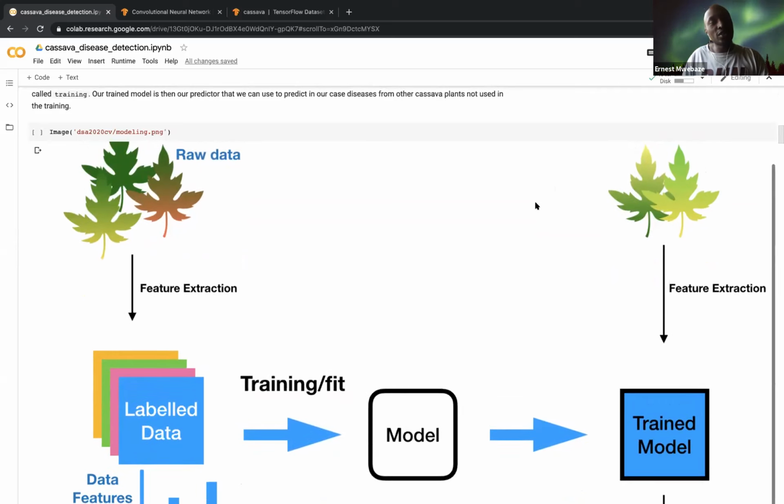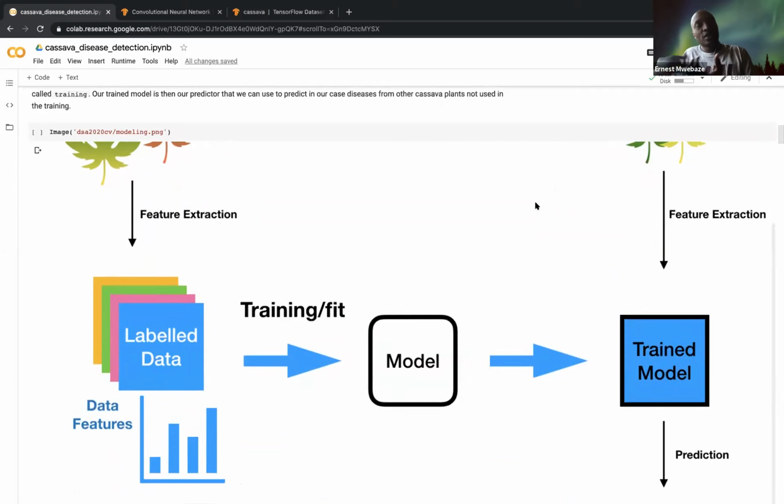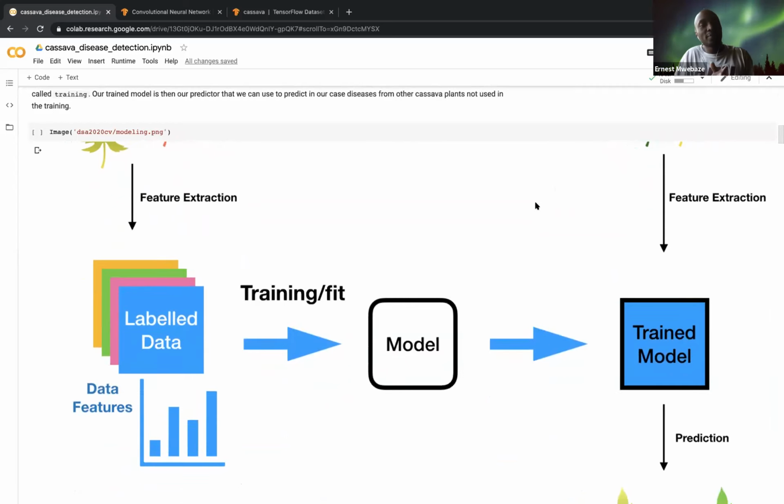You take the raw data, you have images that are taken, and then from the images, you want to extract some sort of feature that represents the disease, right? And if you extract that feature, then maybe you get labeled data, which is data collected with an expert. In this case, the data was labeled in 2 different ways.